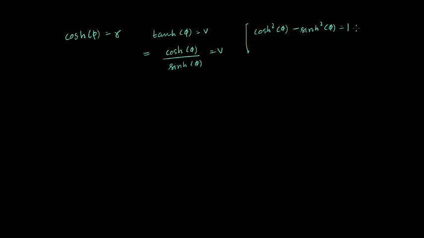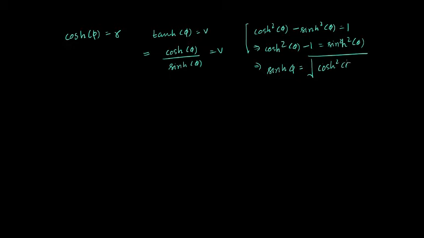So if we substitute that, this means that cosh squared of phi minus 1 is equal to sinh squared of phi, or you can say that sinh of phi is equal to the square root of cosh squared phi minus 1.